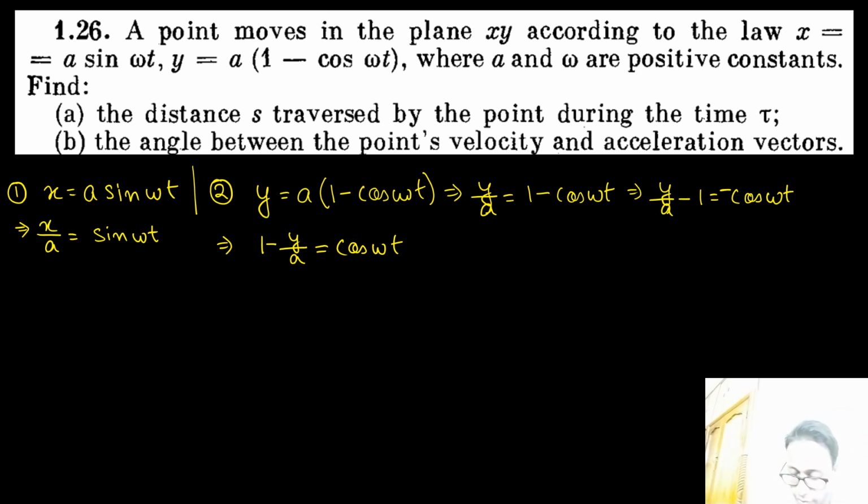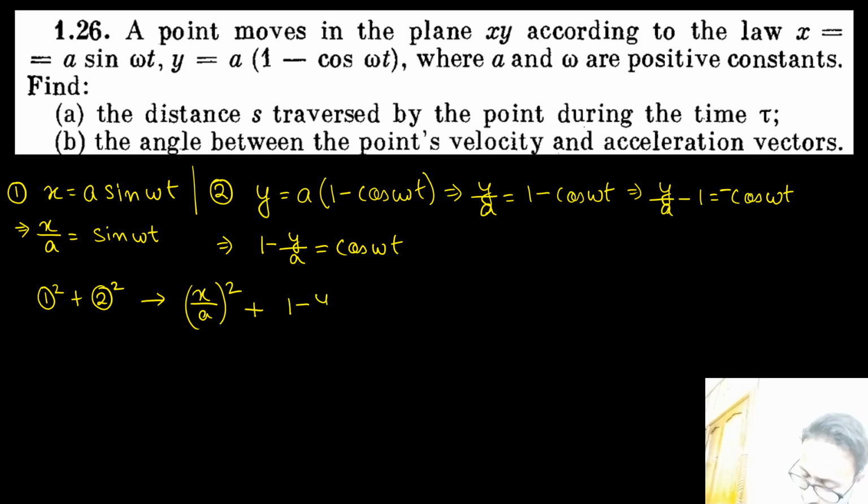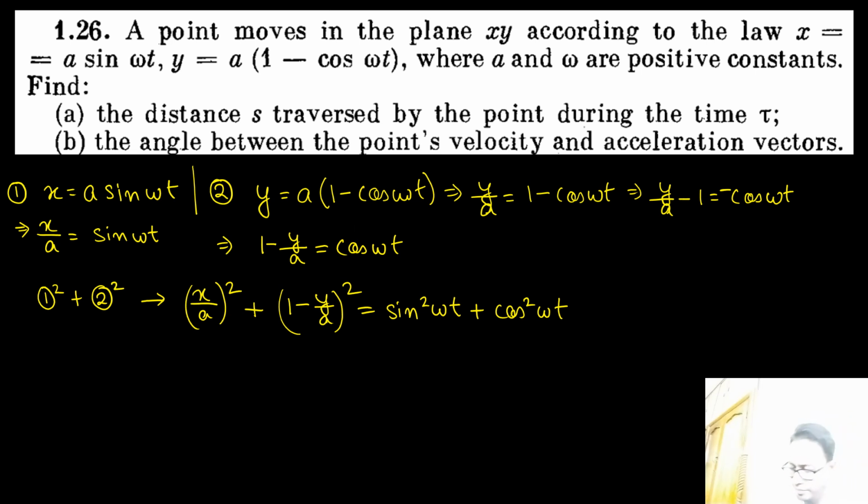So we are doing equation 1 squared plus equation 2 squared. What will be the left hand side? The left hand side would be (x by a) whole squared plus (1 minus y by a) whole squared. And the right hand side would be sin squared omega t plus cos squared omega t.